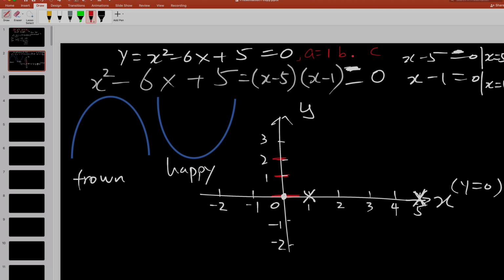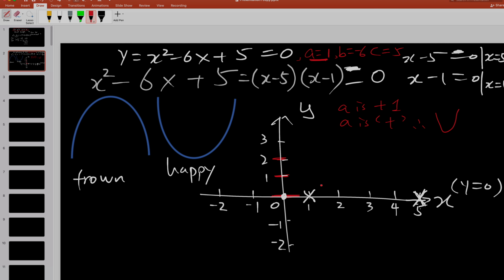So A is equal to 1. B is equal to minus 6. C is equal to plus 5. So in this case, A equals to 1, which means positive 1. So A is positive. So positive is happy face. So therefore, happy face.